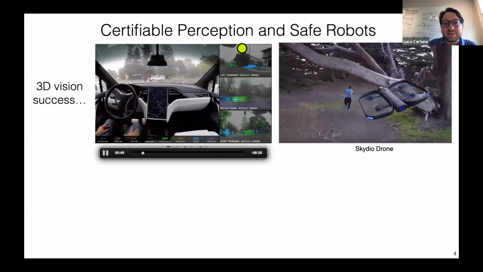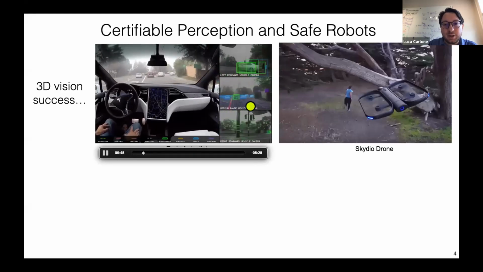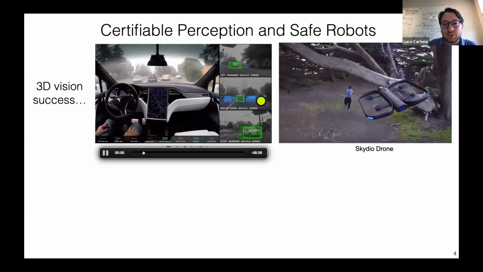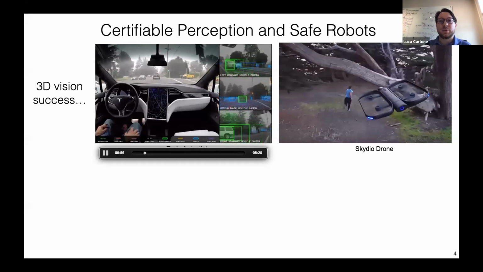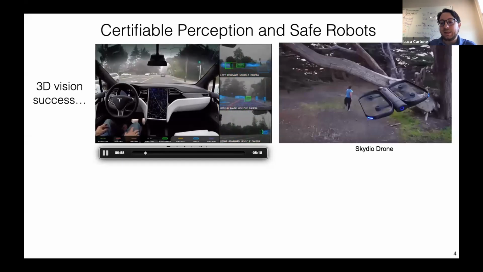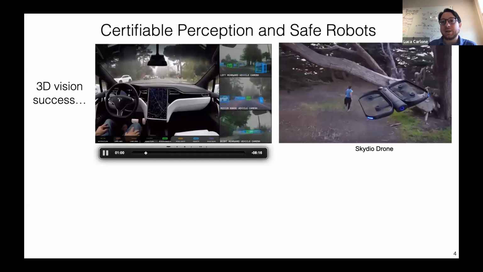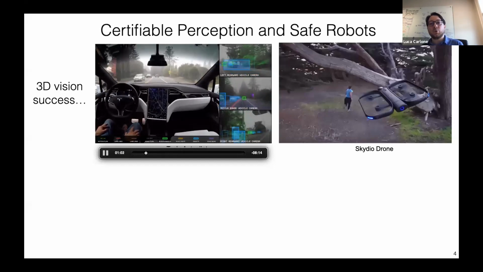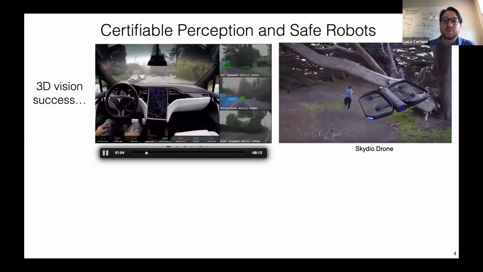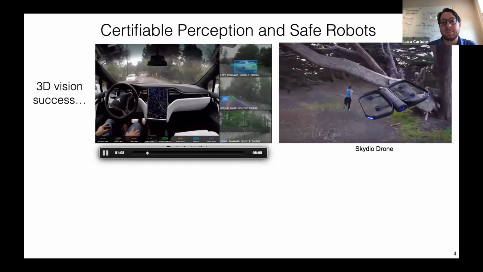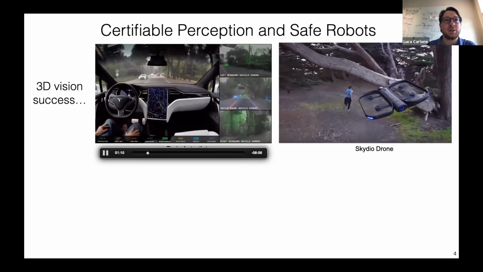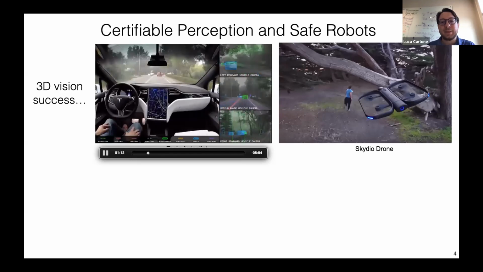You can understand that there is some object detection, lane detection, road detection, and I think in some of the images there were some features that were tracked. The same goes for other applications like drones, where perception is playing an important role in enabling obstacle avoidance and navigation in unknown environments.